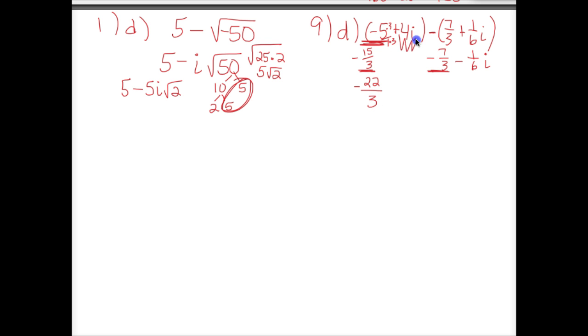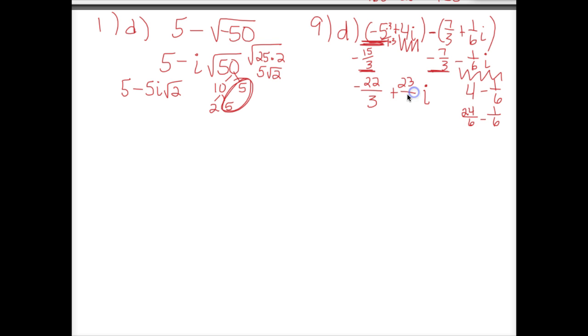The second part, 4i minus 1/6 i. So you know the answer is going to have an i on it. You just now have to do 4, take away 1/6. Now you can do this one of two ways. If you don't like the common denominator method, which in this case would mean you convert this to 24/6, and 24 minus 1 is 23.